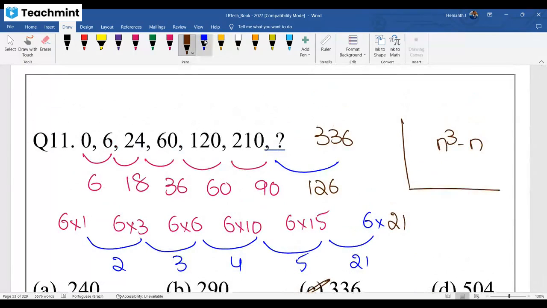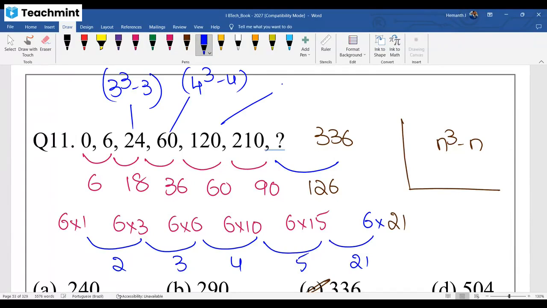So this is the other logic. That's why I'm asking whether you are done with the question, and if so, what's the logic. 3 cube minus 3, this is 4 cube minus 4, this is 5 cube minus 5, this is 6 cube minus 6, this is 7 cube minus 7.